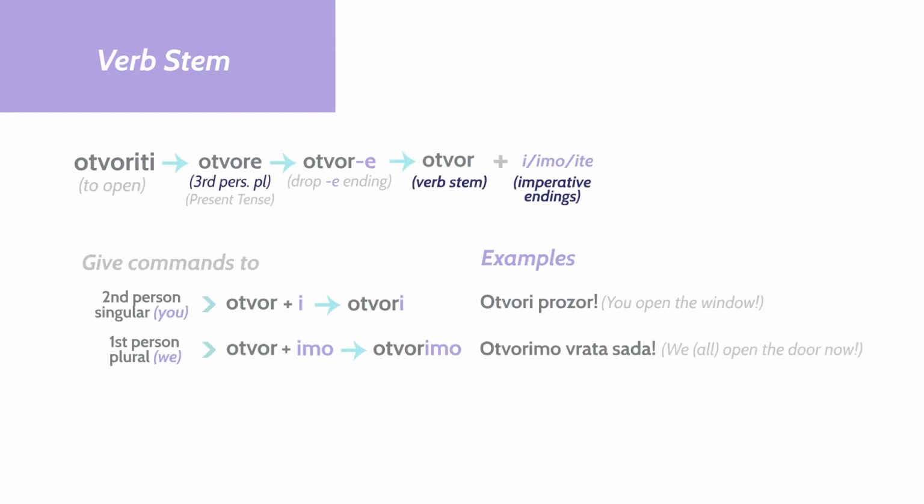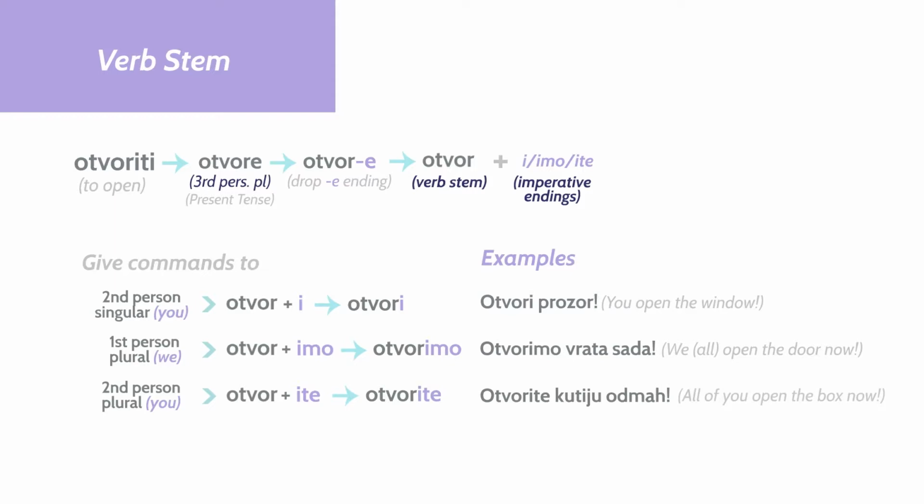To second person plural, which is you, plural or polite, by adding the imperative ending ite, otvorite. In an example, this can be used as otvorite kutiju odmah. Open the box immediately, meaning all of you open the box immediately.